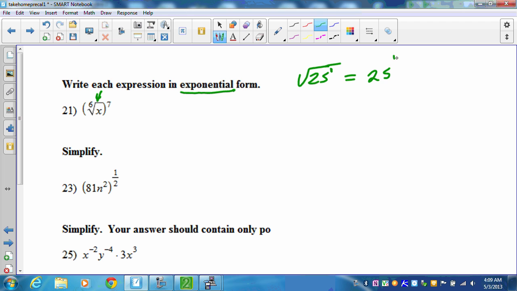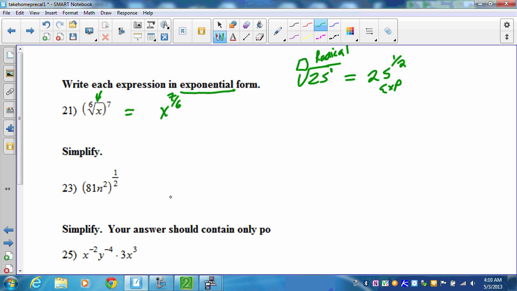So that becomes a fraction, and whatever number's part of the radical becomes the denominator. So since it's square root, it's going to be 2. So these two things are equivalent. This is in radical form, and this is exponential form. So we're going to just apply the same principle to number 21. So we have x to the 7th power divided by the 6th power.